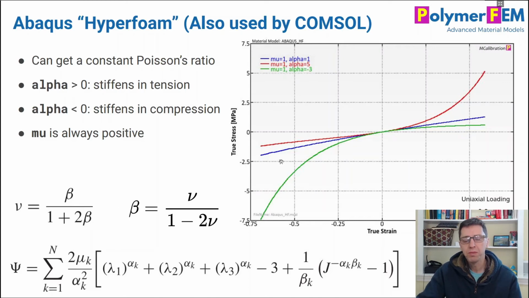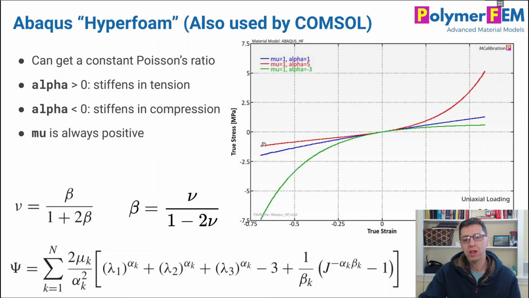And if you plot the predictions here, so this is stress-strain predictions now. The blue line is mu equal to 1, alpha equal to 1. So that gives almost a straight line in stress-strain space. If you make alpha positive, so this exponent on the principal stretches is positive and greater than 1, you get a curve that's concave upwards in tension, but flat in compression.